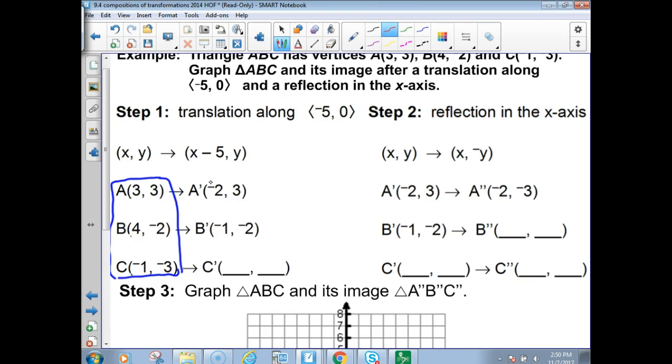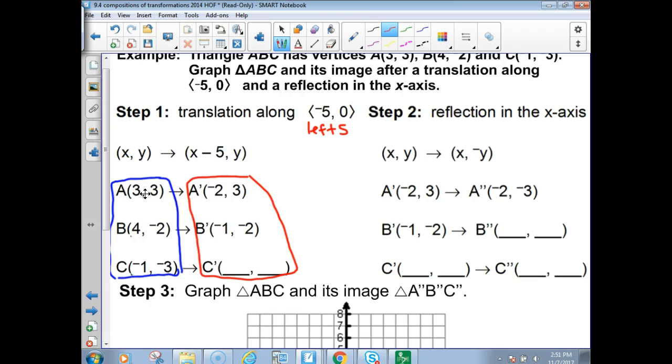So the second points, which I'm going to do in red, are going to go left 5, and then don't go anywhere vertically. Okay, so all you're doing is translating left 5. You can physically move your points left 5, or you can subtract 5 from their coordinates.